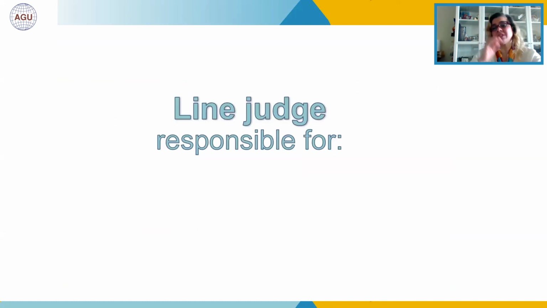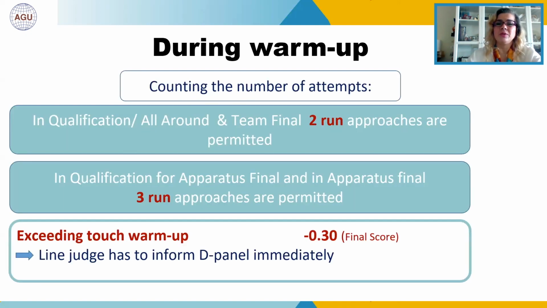And what the line judge is responsible for, as you know, is any deviation or stepping out of the landing zone, whether with one or both feet or hands or any body part. Counting the number of attempts is also the line judge's duty. In the qualification and all-around and team final, 2 run approaches are permitted.